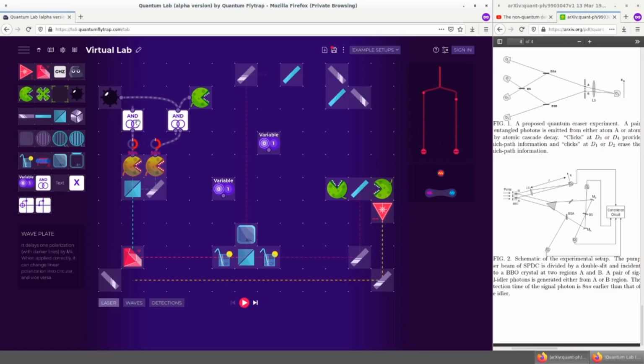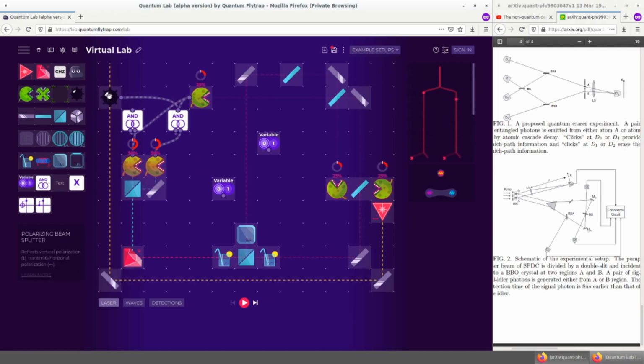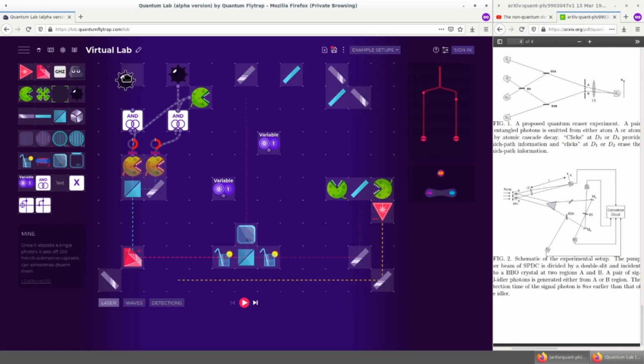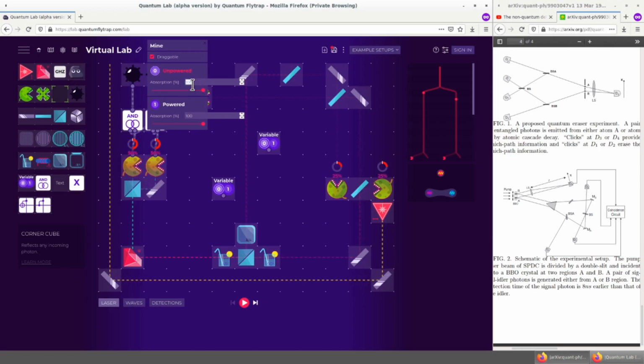So we power it from this detector and from this detector. And we make a second bomb, which is also set up to be transparent when unpowered.